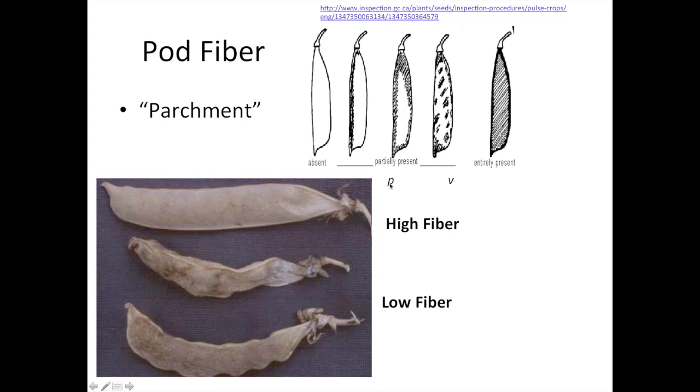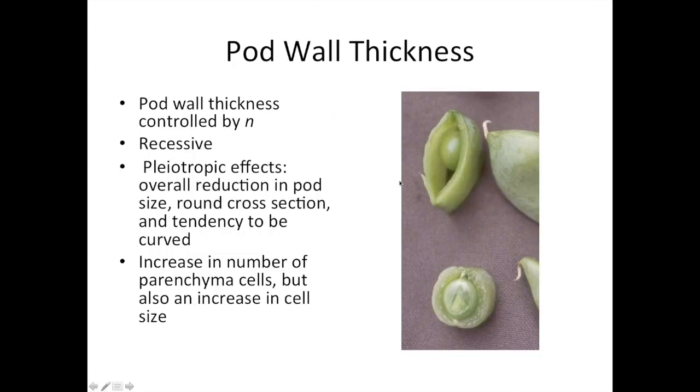If you're recessive at the P locus, you get fiber primarily along the dorsal and ventral sutures. There's a separate gene that controls the fiber in the strings or the pod sutures that we'll come to in just a moment. But when you put P and V together, then you pretty much have absence of fiber in the pod wall.